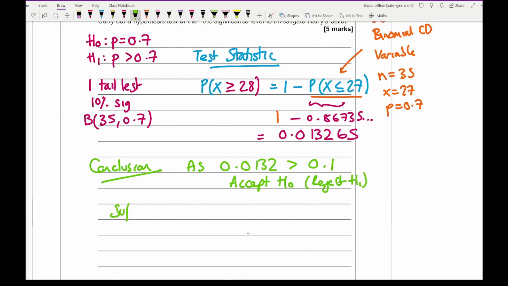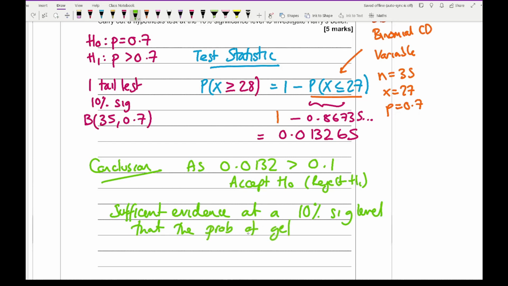And there is sufficient evidence at a 10% significance level that the probability of getting a head has changed from 0.7. Something along those lines would be good enough to get all marks for this particular question.